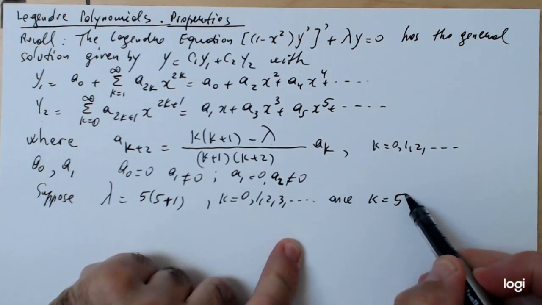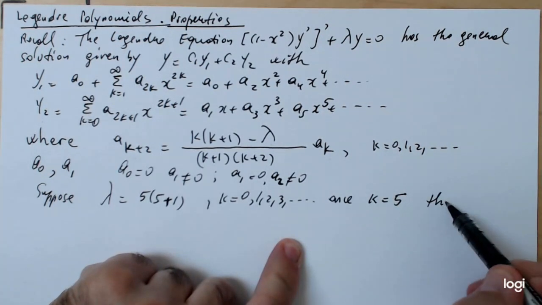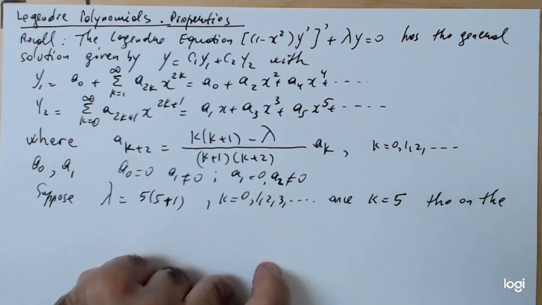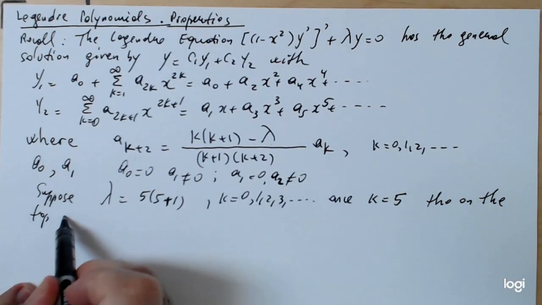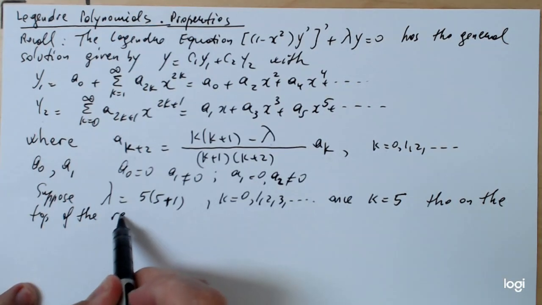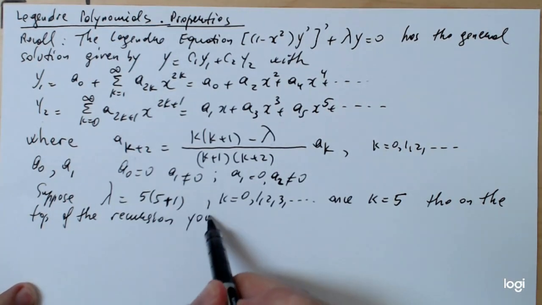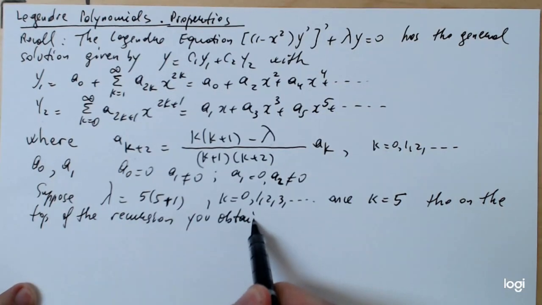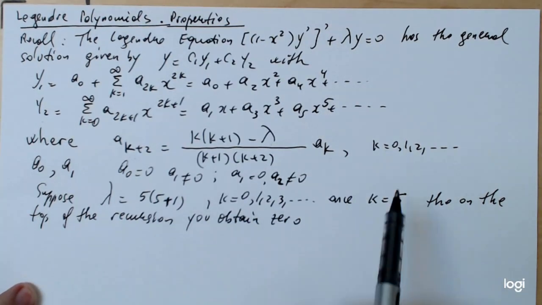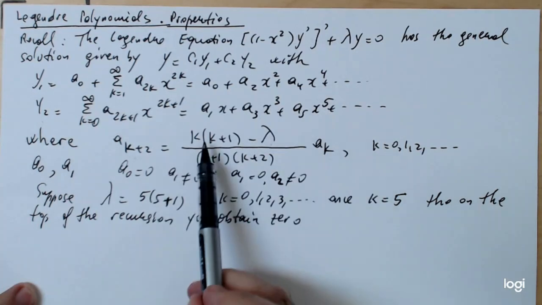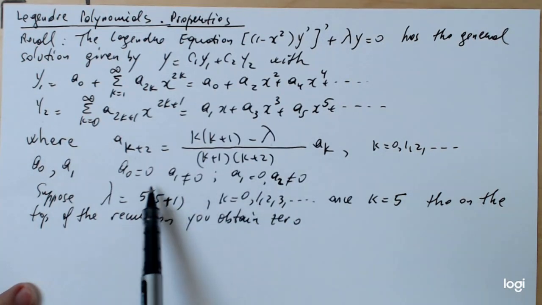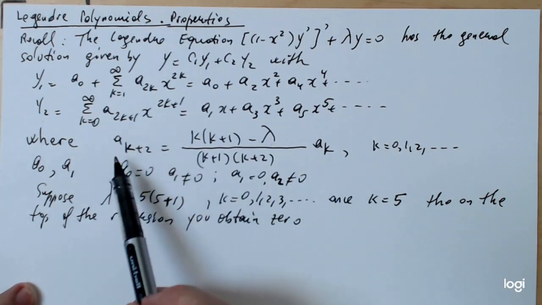eventually, once k is equal to 5, then on the top of that recursion, you're going to have 0. Right? So you start with 0 for k, that's 0 times 0 plus 1, minus lambda, which is 5 times 5 plus 1. So that gives you the next.